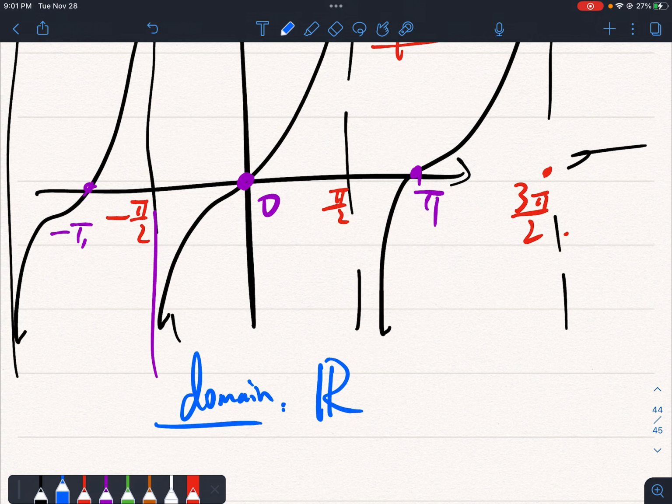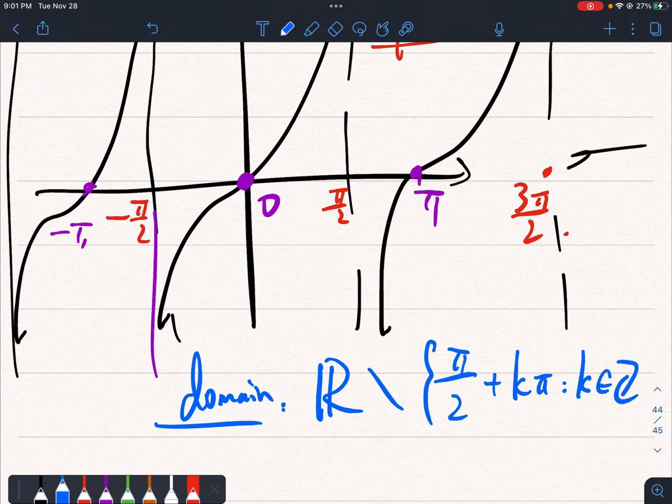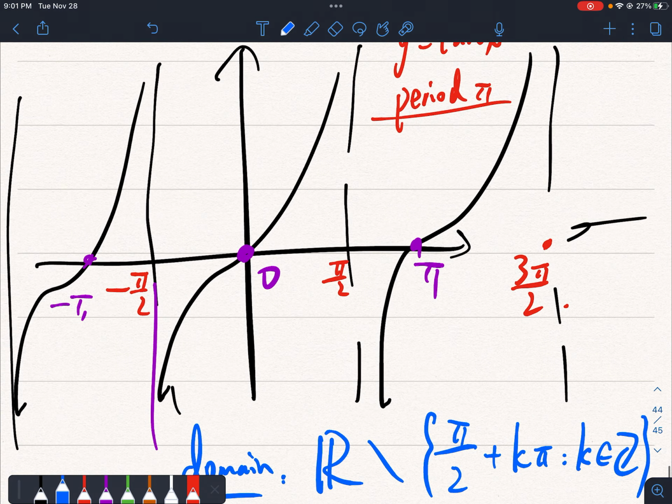So the domain will be R minus the set of all pi over 2 plus k pi, where k is an integer, right? So this is about trigonometric functions.